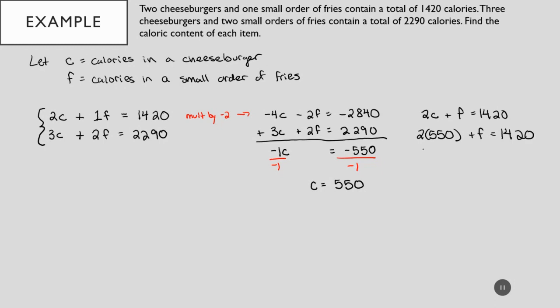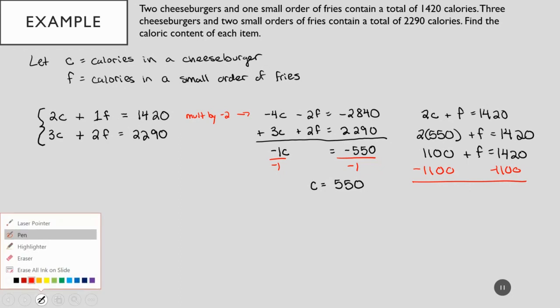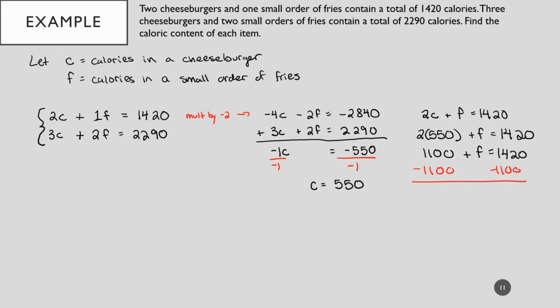So 2 times 550 is 1100 plus f is 1420. So now I'm going to subtract so that I can solve for f. And I could do this in my head, but I just like to use a calculator just to verify. 320. Okay, so now I have c is 550, f is 320.